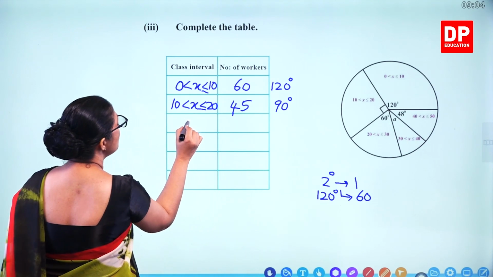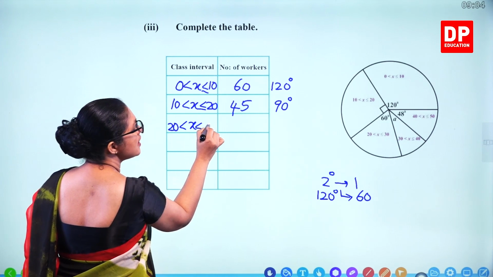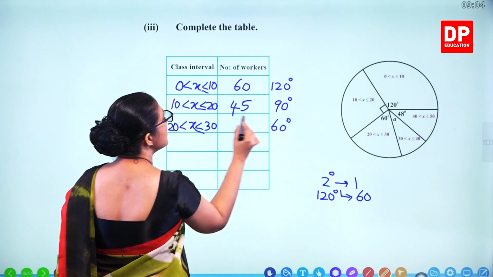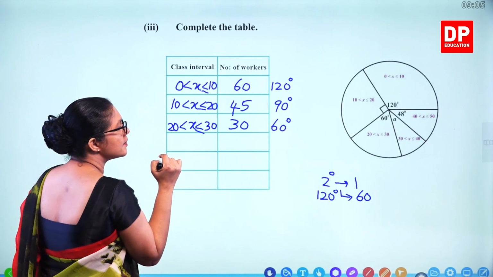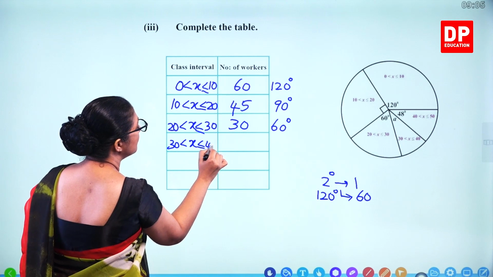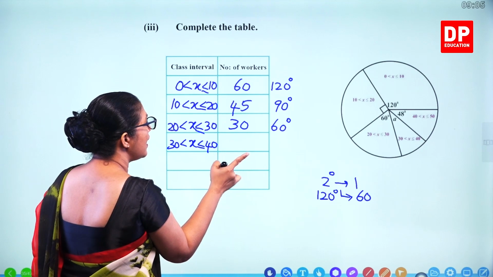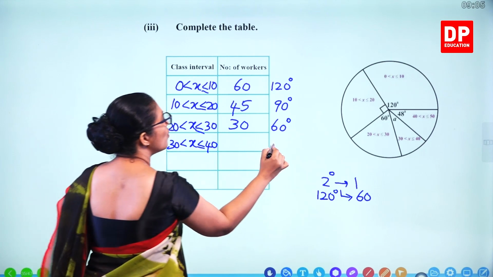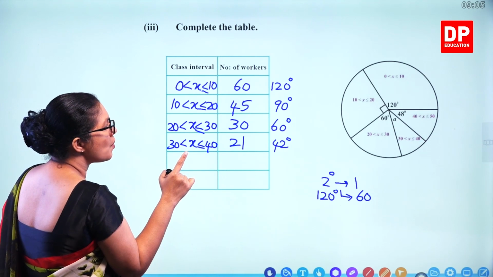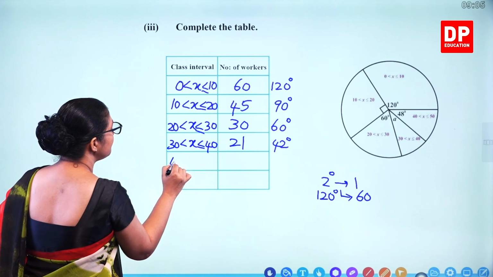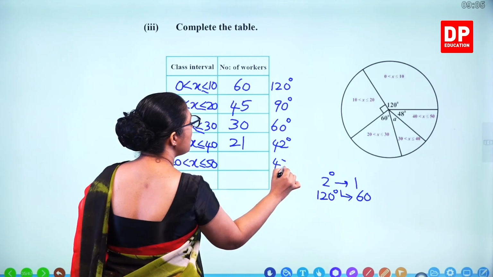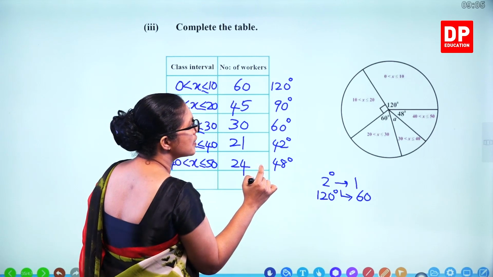Then the next one, 20 to 30, 30 included. 60 degrees, that means divide by 2, 30 workers. 30 to 40, A we found 42. Divide by 2, 21. The next one, 40 to 50, 48 degrees, divide by 2, 24 workers.